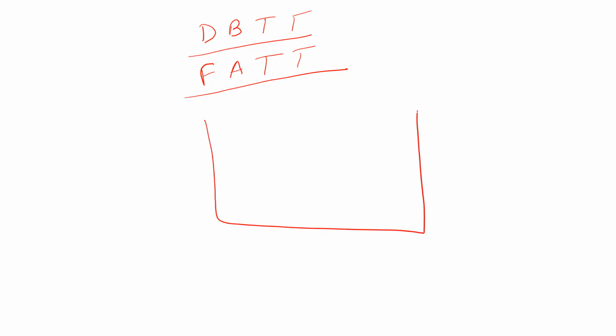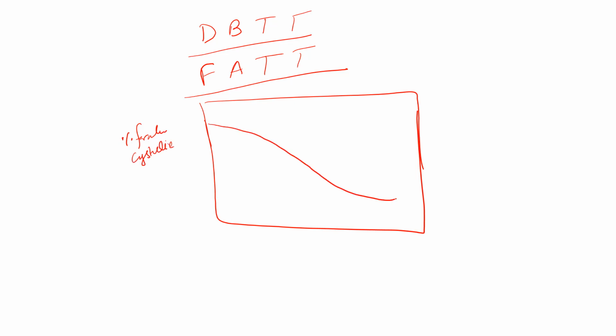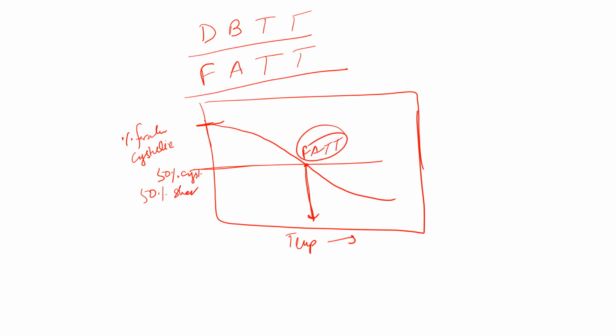Where we mark the percentage of fracture through crystalline, and correspondingly the temperature is recorded. So this is the mark at 50% crystalline and 50% shear. Basically we get this FATT. So this technique helps to understand what the FATT is.